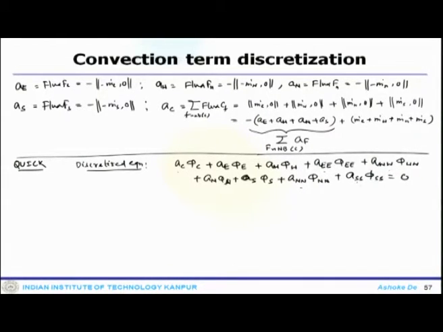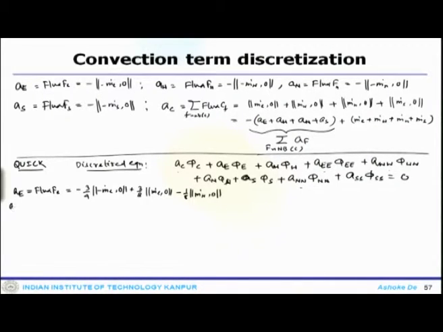So you end up with many coefficients, and they would be computed as A_E equals flux F_E, which is minus 3 by 4 minus m dot E 0 plus 3 by 8 m dot E 0 minus 1 by 8 m dot W 0.